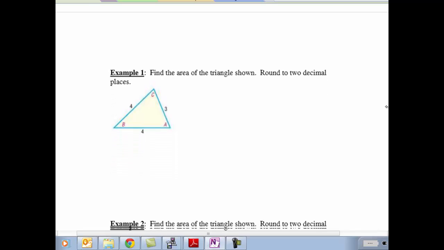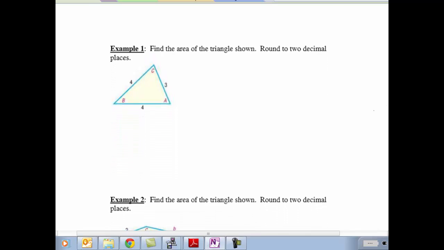So here, example 1, we were asked to find the area and round to 2 decimal places, and what we have are all 3 side lengths. So whenever all 3 sides are given, we want to use Heron's formula.